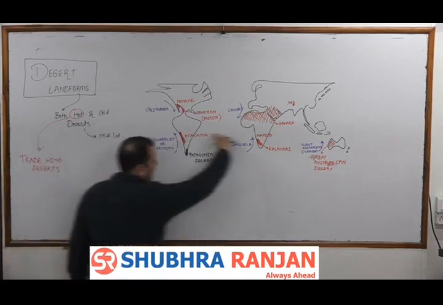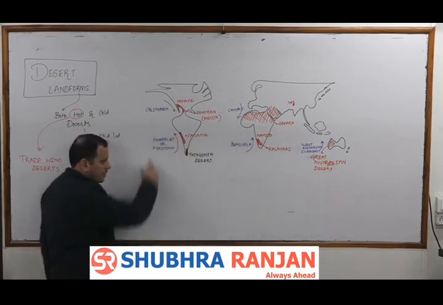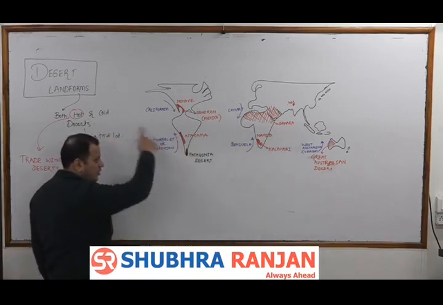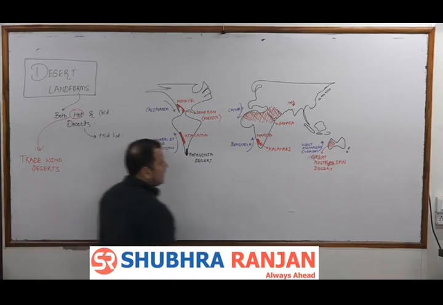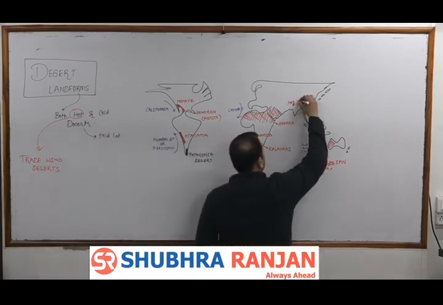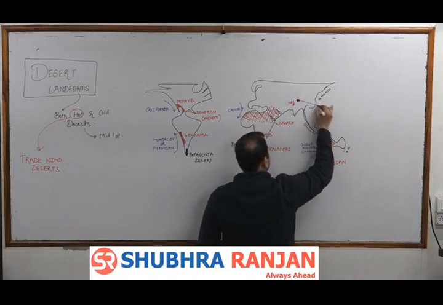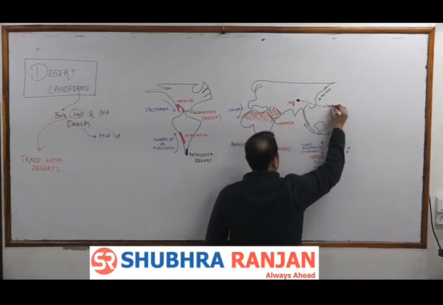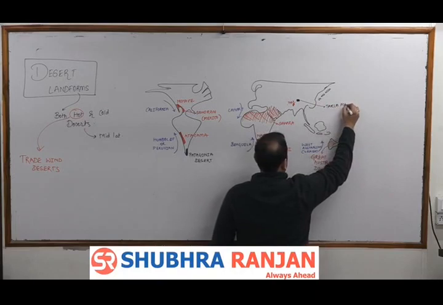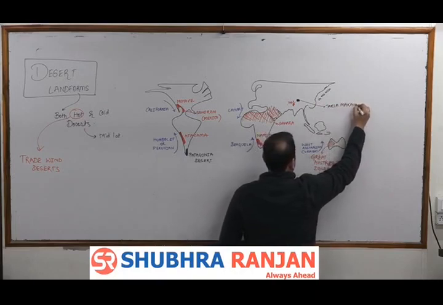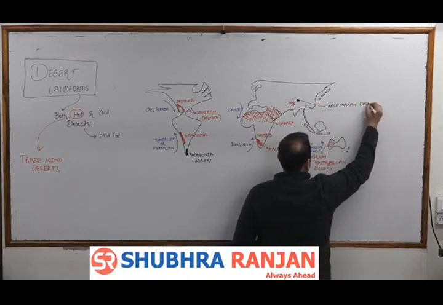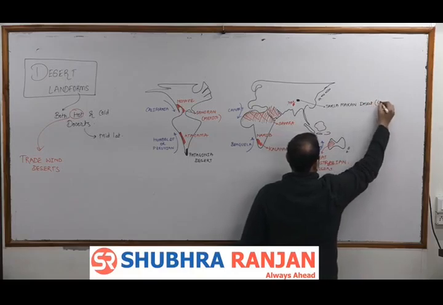This is the subtropical high pressure belt. उसके बाद westerlies. Westerlies cannot cross Andes. Then we have already done this, Tarim Basin, or what you can say, Taklamakan Desert. Which country? China.